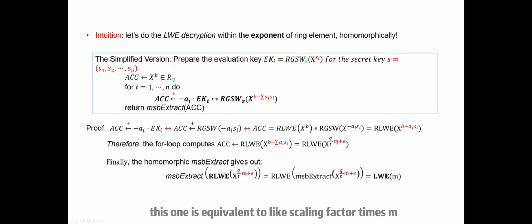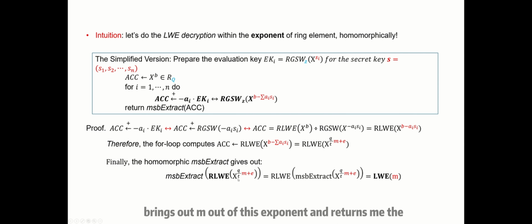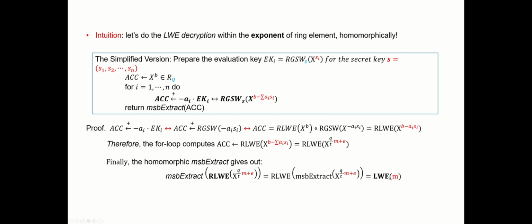This one is equivalent to a scaling factor times m plus e. Now this homomorphic MSB extract algorithm brings m out of this exponent and returns me the correct LWE encryption of the message M.